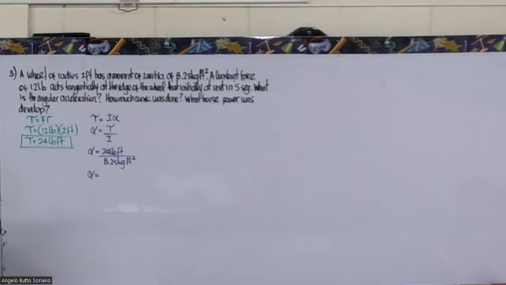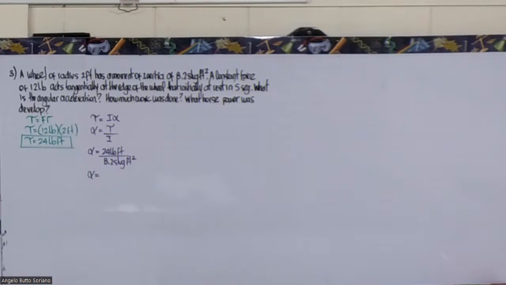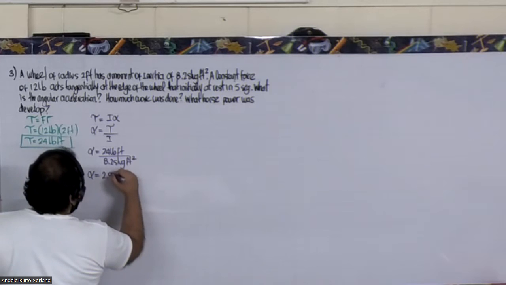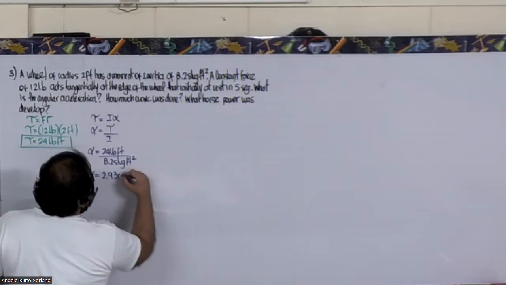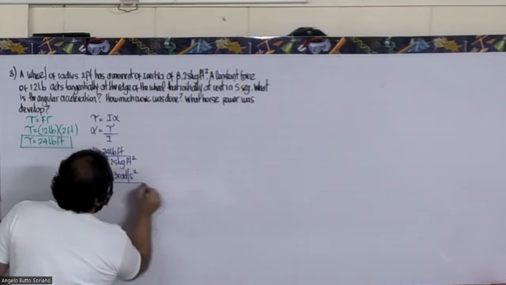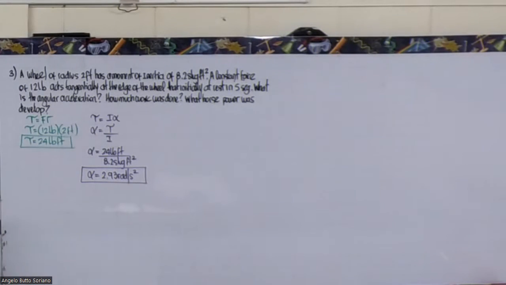So 24 divided by 8.2 will be 2.93 radians per second square.